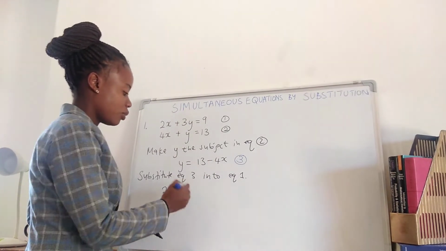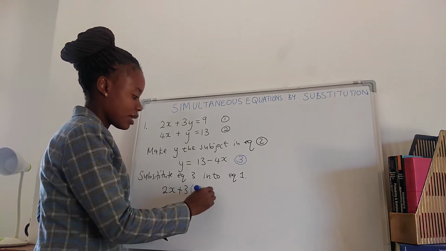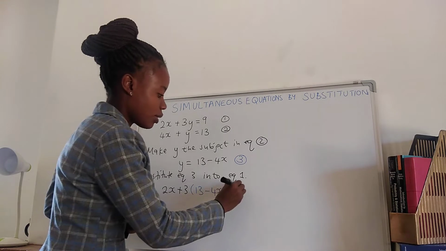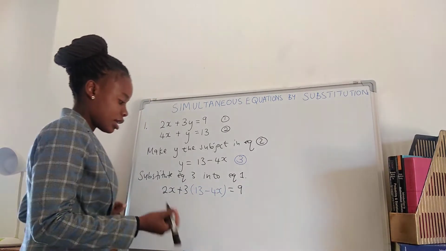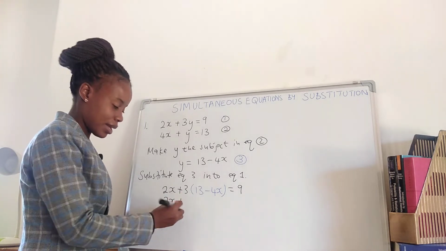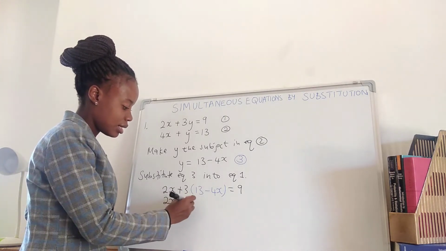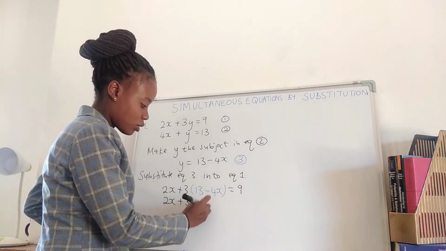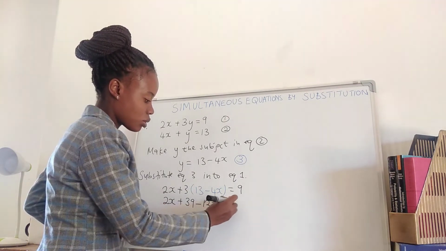So we're going to have 2x plus 3 times (13 minus 4x) equals 9, right? Now we simplify or remove brackets. We're going to have 2x plus 3 times 13, 39, 3 times negative 4x, minus 12x equals 9.